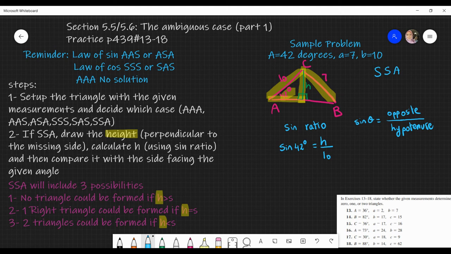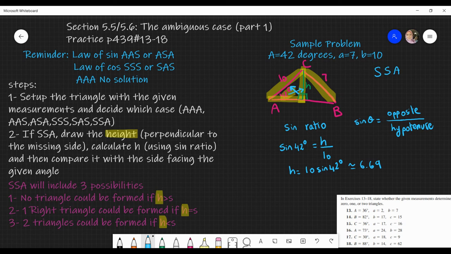The hypotenuse is usually the side facing the 90-degree angle, and 42 degrees has an opposite side, which is h. I'm solving for the height, so I'm going to cross multiply. And I'm going to use the calculator for that. I'm going to put 10 times sine of 42, and I'm going to make sure my calculator is on degree, and I should get something very close to 6.69.